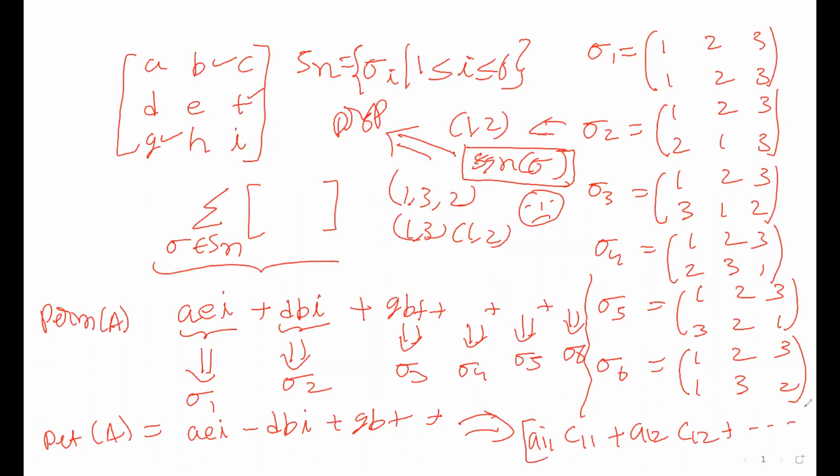With signs, whatever minus. This is the story which we learn in school. So computationally, this and this are equivalent with each other. Are you with me?